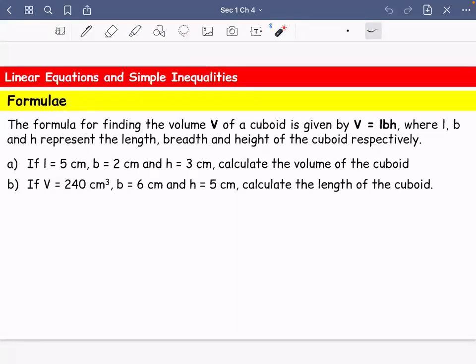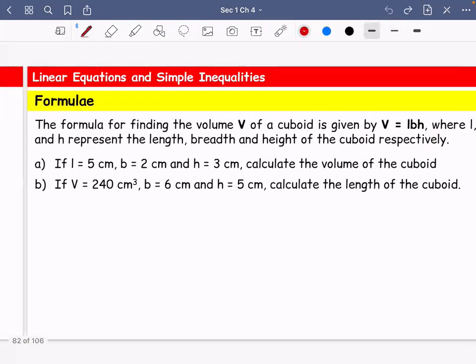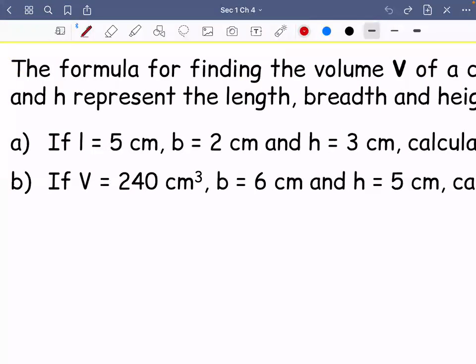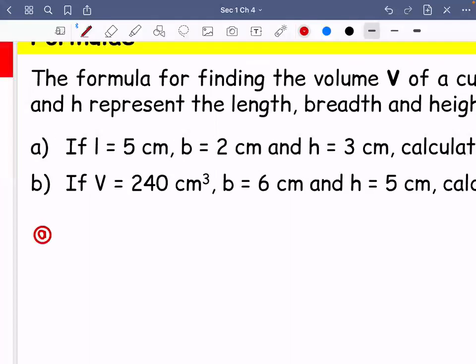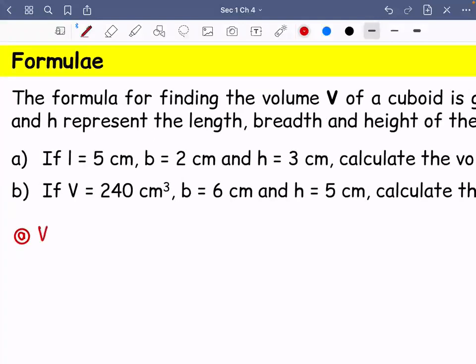Now, first question. If the length is 5 centimeters, the breadth is 2 centimeters, and the height is 3 centimeters, what is the volume of the cuboid? So basically, given the formula, what's the formula? This one, right? So for letter A, let me zoom here. Again, the volume is equal to the product of the length, the breadth, and the height.